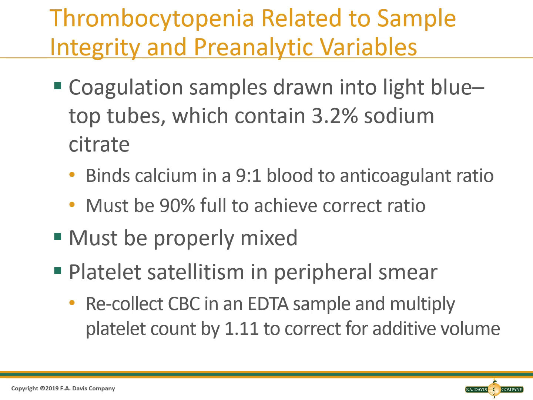When it comes to what you can see on the differential smear, if that's needed for a CBC, if there's platelet satellitism seen in the peripheral smear, you can recollect the CBC in an EDTA sample tube, which is the lavender or purple top tube, and you multiply the platelet count by 1.11 to correct for the additional volume.